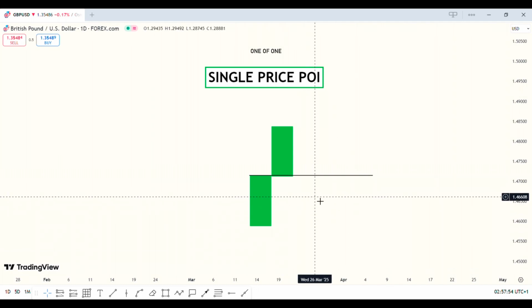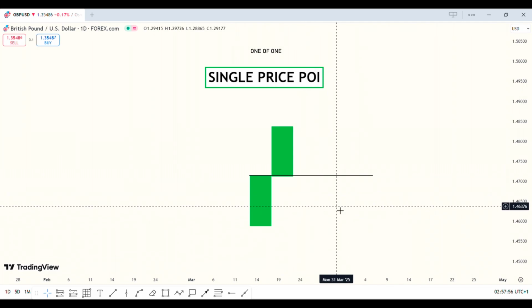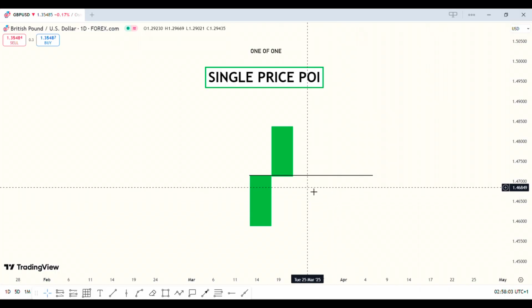Just one word, and that word is rejection. Rejection is what confirms these single price POIs. Rejection is what validates them.